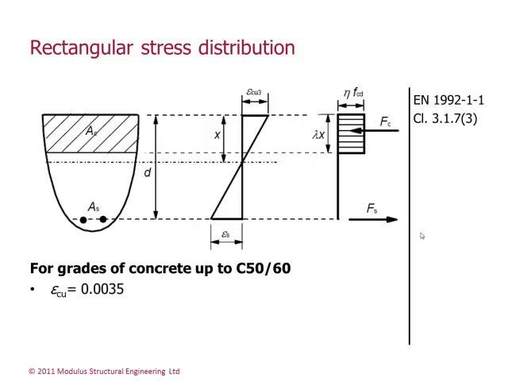Once you go beyond a C50/60 concrete, you have to start reducing the maximum strain, you increase the value of the factor eta, and also you reduce lambda. So we're going to stick to the lower grades of concrete, which will cover the majority of most designs.